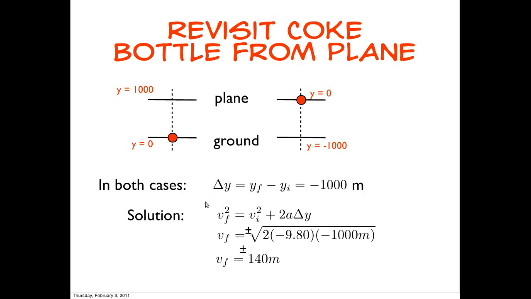If you also remember, in the solution, we ended up solving for v sub f. And if we chose to use the kinematic equation, v sub f squared equals v sub i squared plus 2a delta y, because we were taking the square root of the velocity, we ended up with two solutions, one positive and one negative.